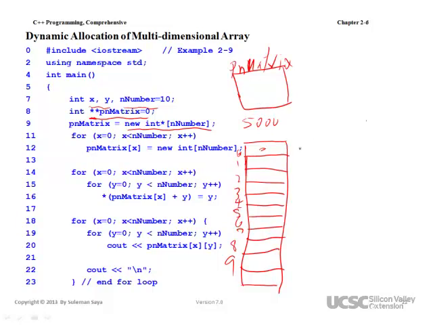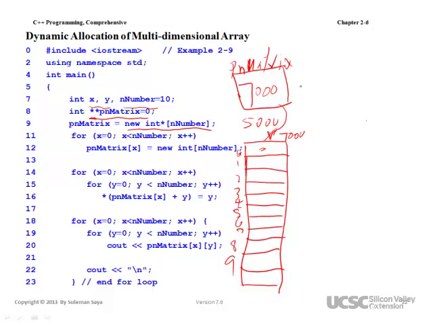So this array might be sitting at, let's say, address 7000. When we allocated this array, the new operator will pick up the very first address of this array and assign it to PN matrix. So 7000 right here. Now PN matrix is pointing to right here.